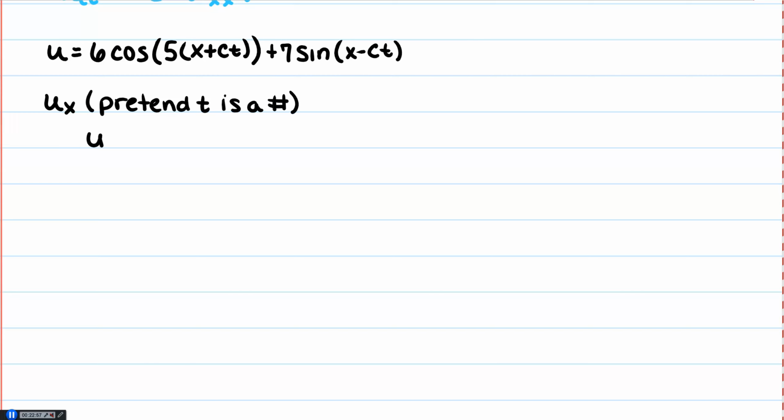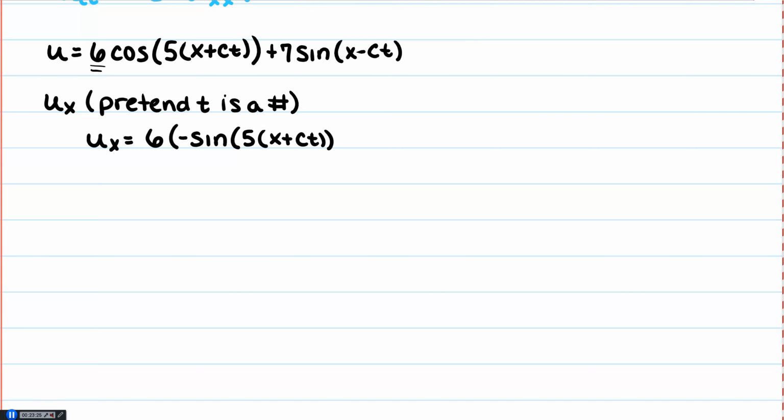So u sub x is going to equal, let's see, 6 will come down. Now the derivative of cosine is negative sine, so I'm going to put the original inside in there. Since it wasn't just cosine of x, in this case it was 5 times (x plus ct), I have to use the chain rule to take the derivative of the inside function.